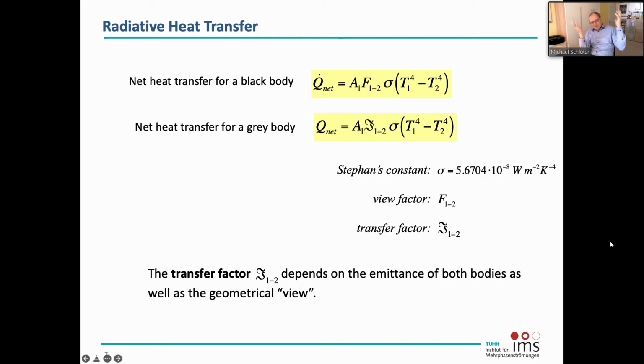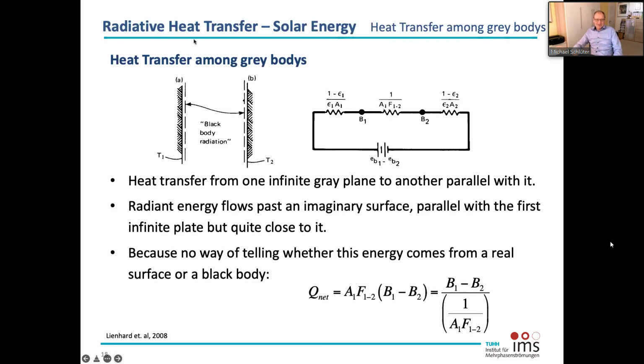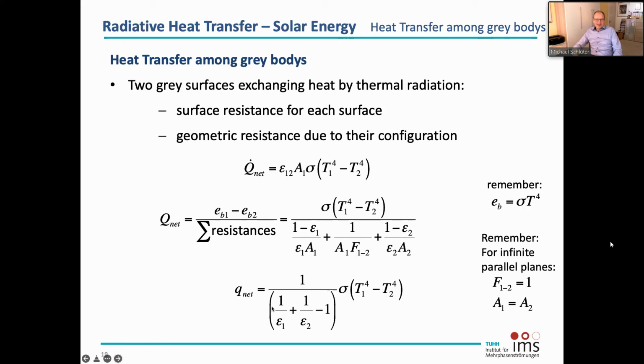For the whole system. But if we want to design a solar collector, then we need to know the heat flux between the different surfaces that are located in different ways. Therefore, we need the correct orientation of the surfaces, the size of the surfaces, and so on. Then we can calculate with these resistances in much more detail what the transfer factor looks like.